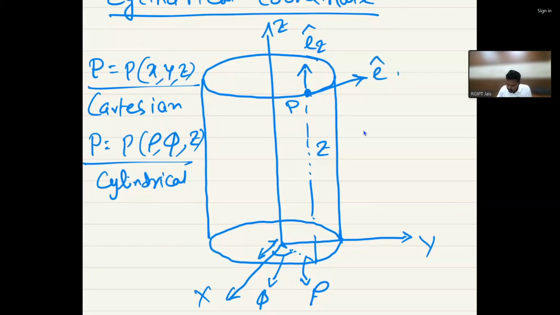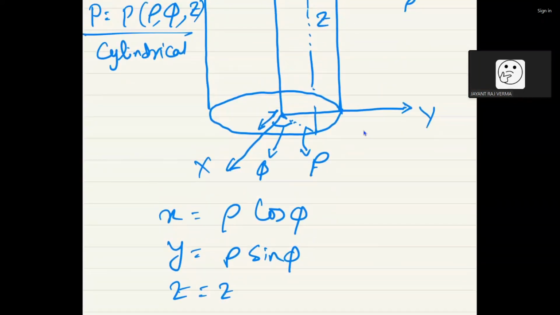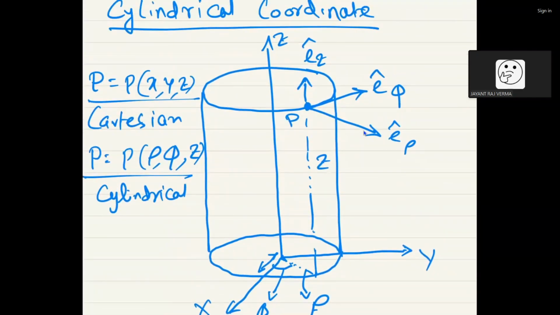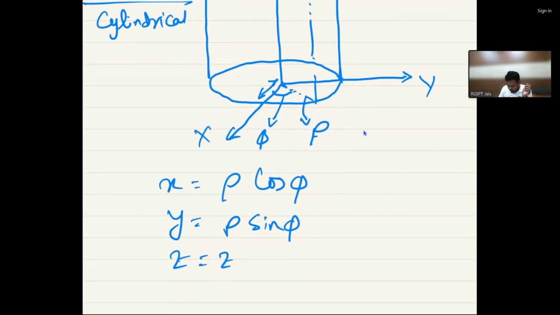This is e_phi cap, and rho cap is outward from the z axis, so this is e_rho cap. And then again, I also gave you the expression for the unit vectors and told you to work out the formulas for gradient of T, divergence of A, and curl of A. These three expressions.